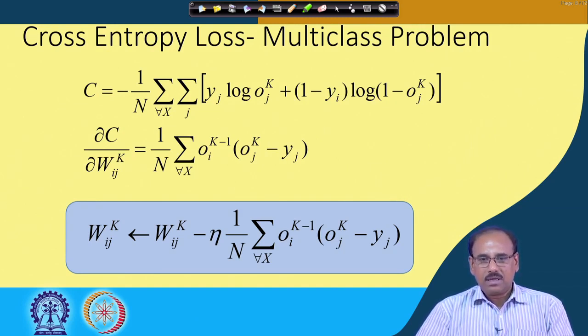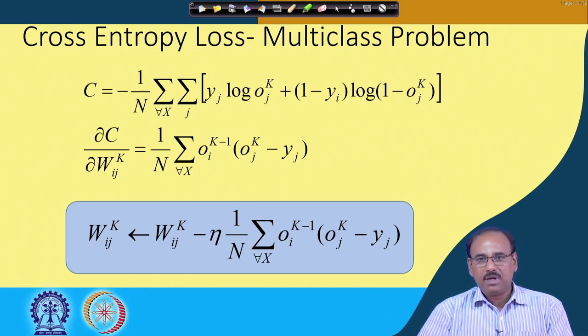Given this, the same thing that we discussed before: if my Yj is equal to 1, then Ojk, that is the output of the jth node at the output layer, that is kth layer, gives you the likelihood of Yj being 1. Similarly, 1 minus Ojk tells you the likelihood that Yj is 0.